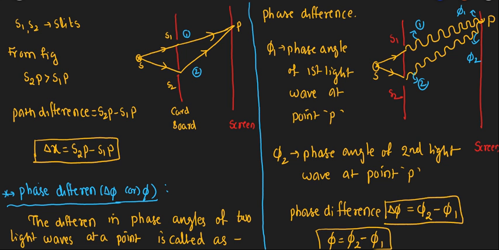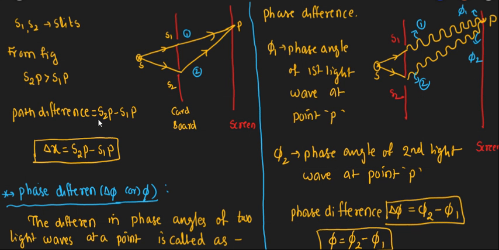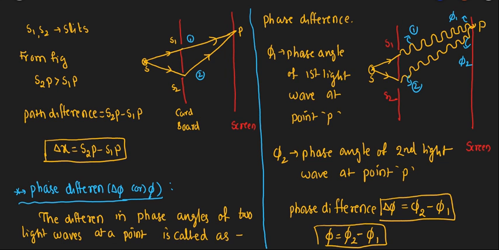And the phase difference can be measured. You see this figure, very carefully you have to listen. The first light ray travels some distance to reach the point P. The second light ray travels some distance to reach the point P. And here there is some path difference.